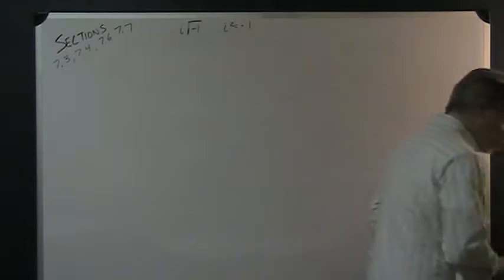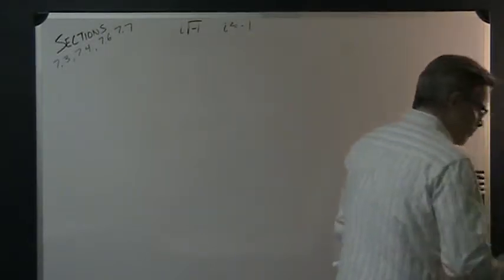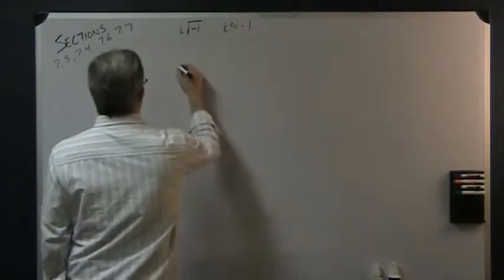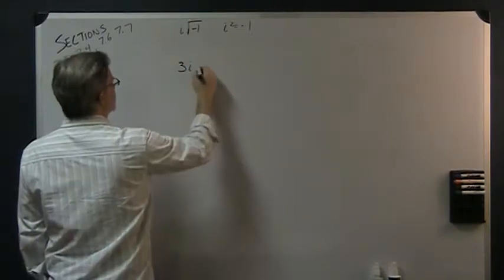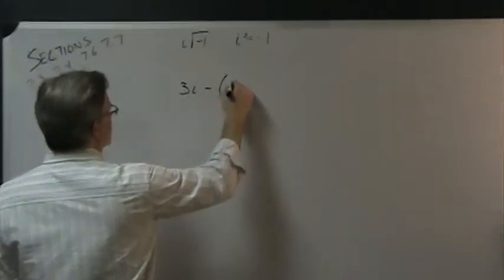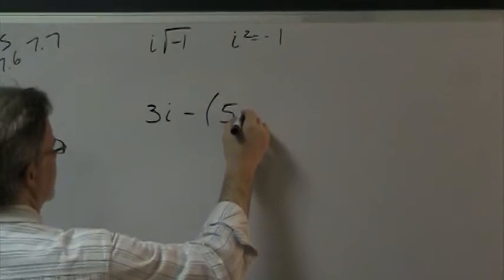So let me go ahead and grab a few of them, and we'll see if we can't solve some of these. For instance, just subtracting, for instance, -3i minus 5 minus 2i.